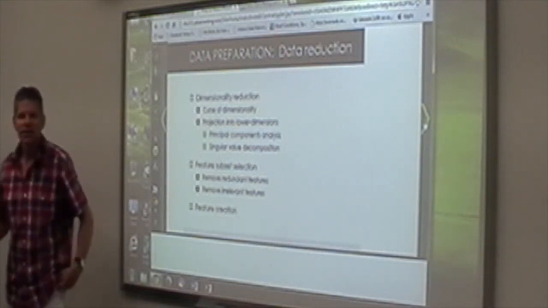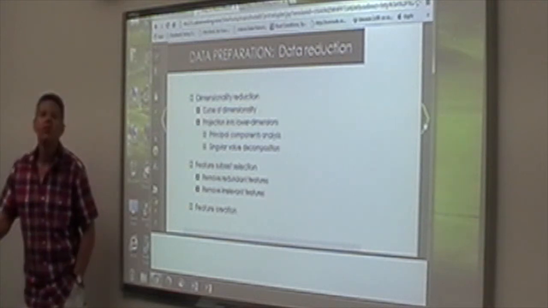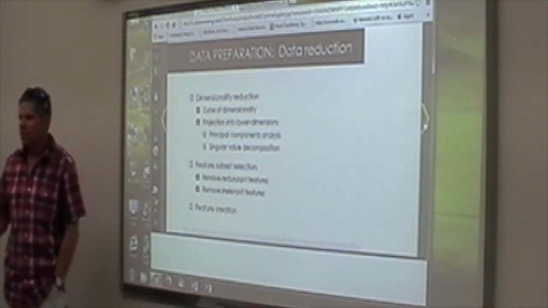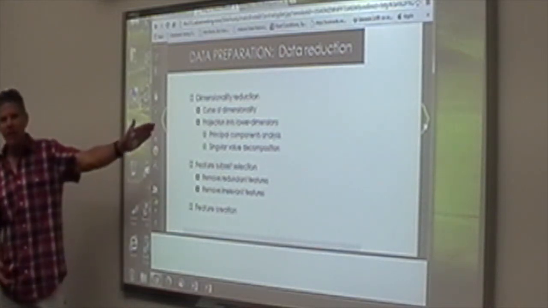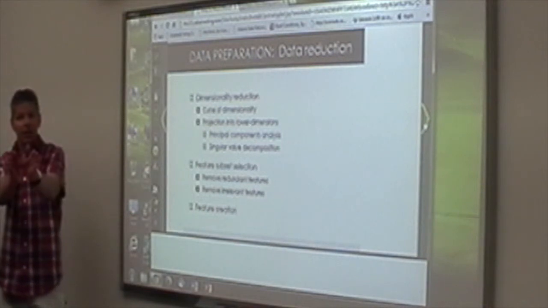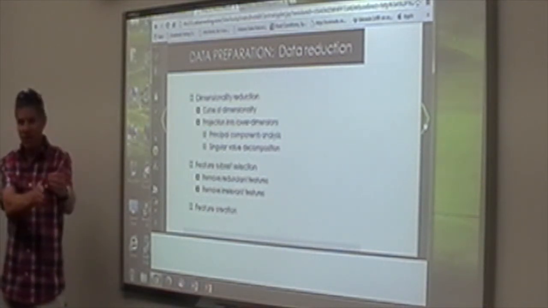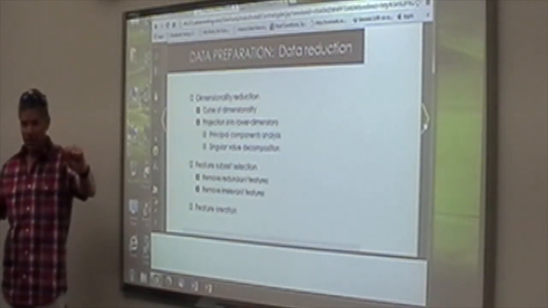Nick? An example would be if you have a group of ages from 20 to 25 and 25 to 30, you're just grouping that as 20s. That's a perfect example, that's the binning idea, but instead of going 20, 21, 22, 23, ages, each one, are you 20, are you 21?